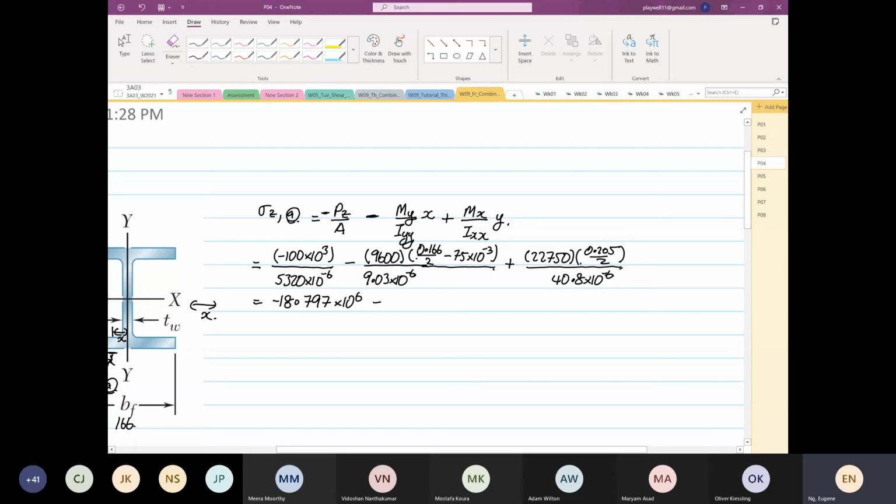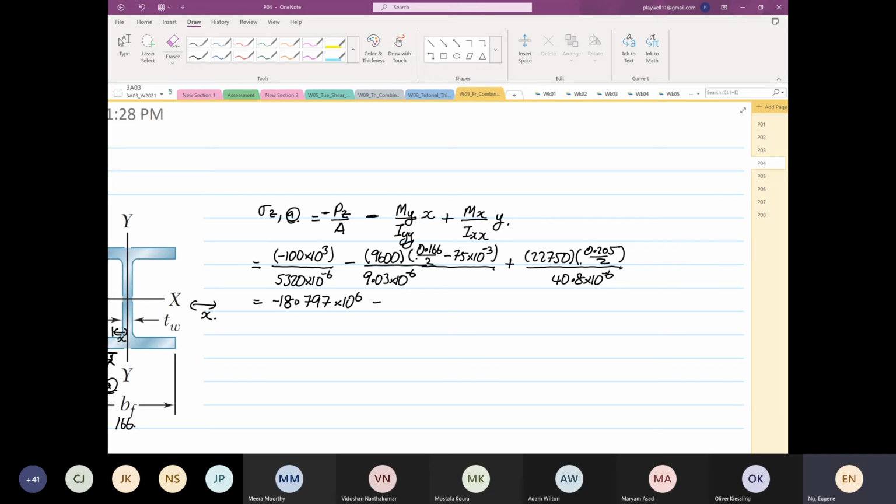Minus 0.166 divided by 2 minus 75 power minus 3 times 9600 divided by 9.03 power minus 6.